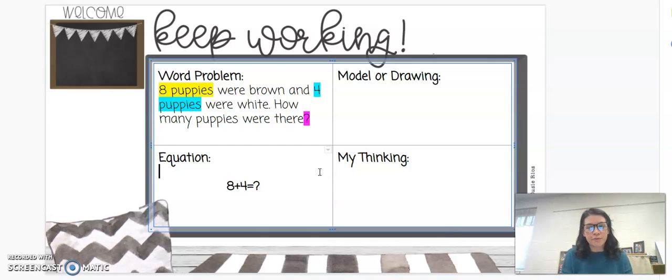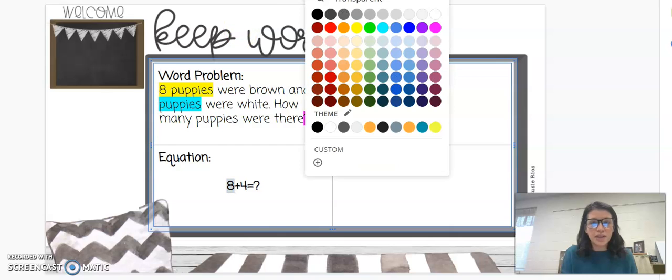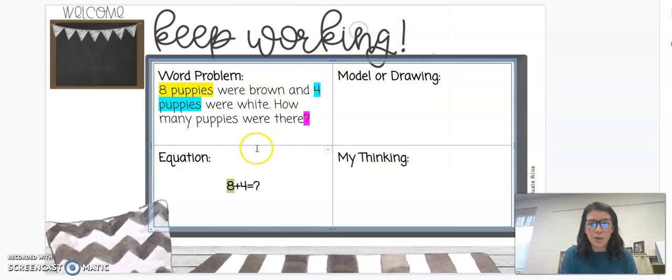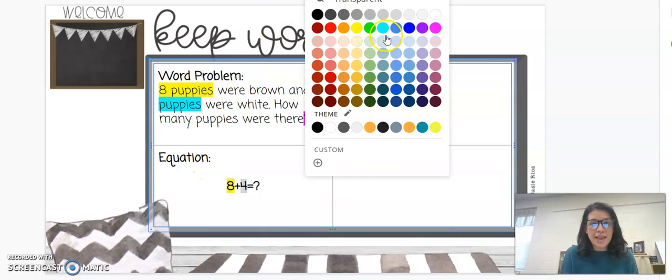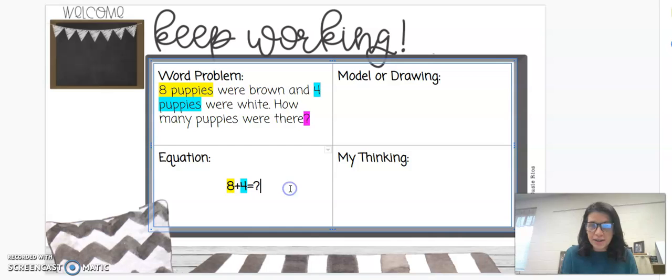Now we can use that information to think about that equation. Remember we said at the beginning there were 8 puppies. Well, here my first number or addend in my equation is 8. Then we said in the middle, there were 4 white puppies. Now that is my second number in my equation.